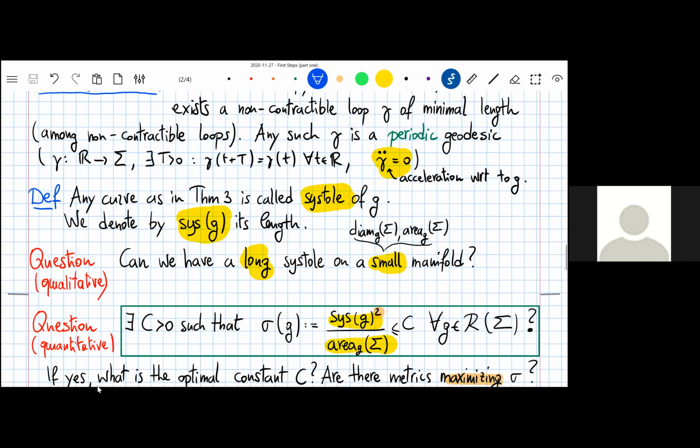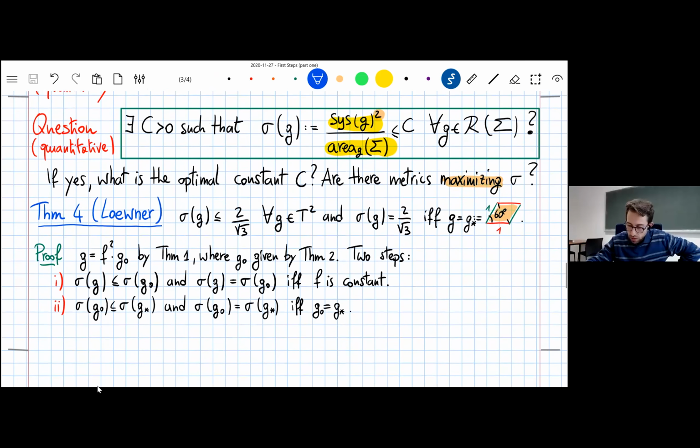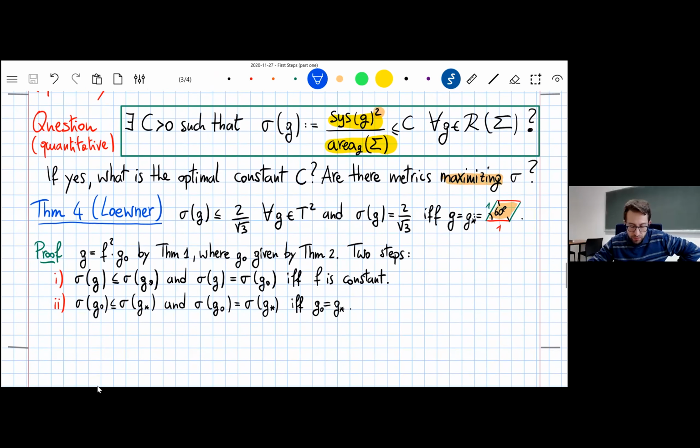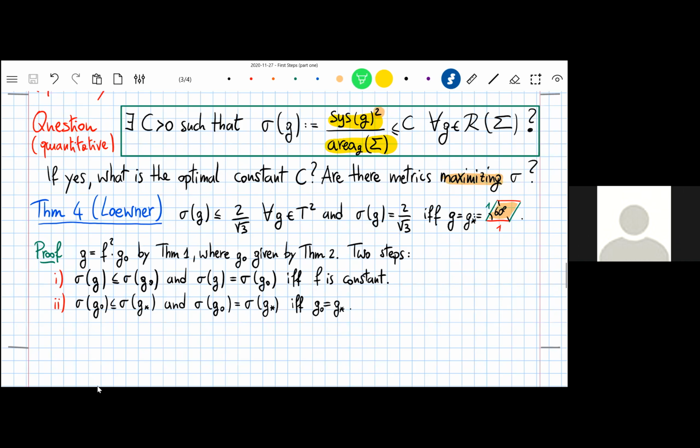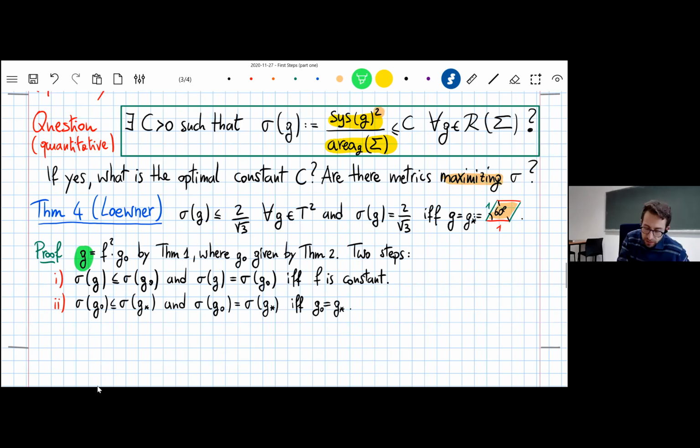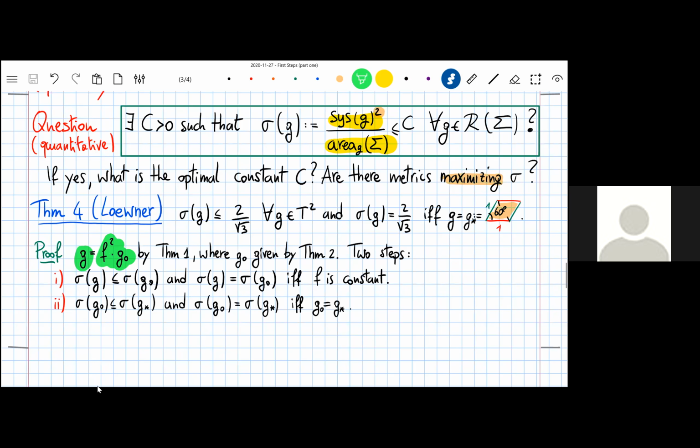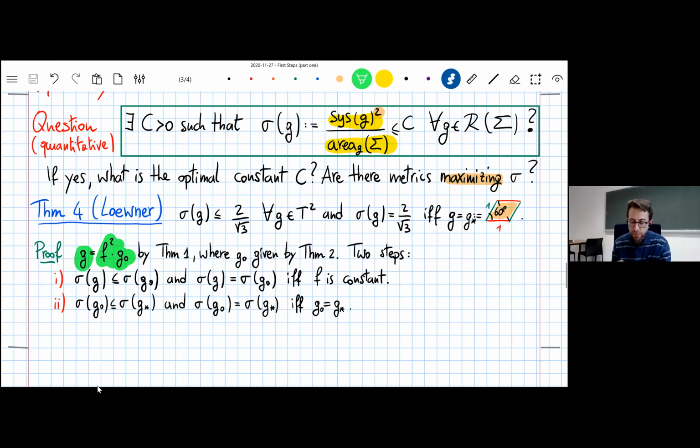Then let me tell you what goes into the proof of this result. The first ingredient is what we saw in the first part, in part A. You want to use, as the first thing, that your metric g is conformally equivalent to some metric g0. You know that this is possible by theorem 1, and g0 will be one of these metrics coming from theorem 2, classified by the domain capital gamma.